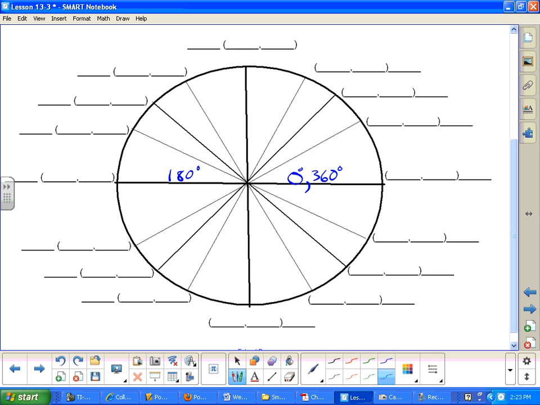Okay? So we could start here for a moment, and we can actually count by 90s. 0, 90 to get to the positive y-axis, 180 negative x-axis, and then what's it going to be down here at the negative y-axis? 270. Okay? So all I did is just add by 90s, and I get then the 360. Okay? Pretty easy.